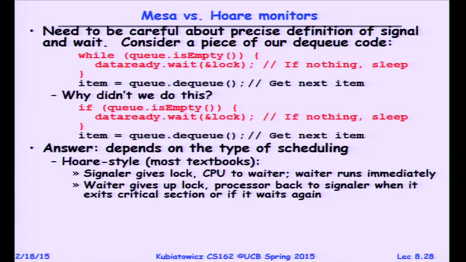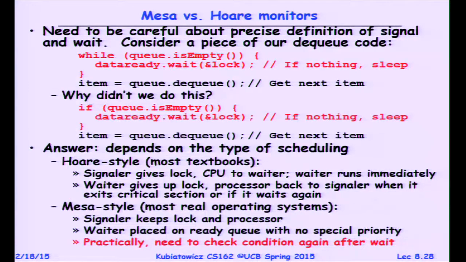Okay, so in that instance, that second version of this with the if would work perfectly fine, because I'd say if queue is empty, wait, and when I wake up, I would know for a fact that the queue.dq is going to work and have a non-empty thing. The problem is that this is kind of messy to implement. There've been times in the past where I've made you implement this on exams with semaphores, but who knows?